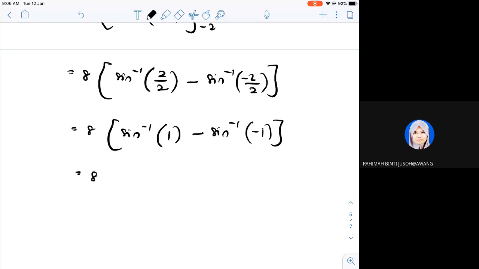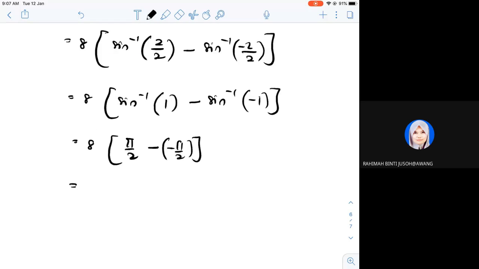Okay, if you use your calculator, shift sine 1, we will get 90 degrees or pi over 2, isn't it? And then minus, kalau shift sine negative 1, you dapat apa? Tekan shift, tekan sine, tekan negative 1. We will get negative pi over 2. Yes, negative pi over 2. Okay, good. So we will have 8 pi, sebab pi over 2 tambah pi over 2 jadi pi kan? So this is the answer.